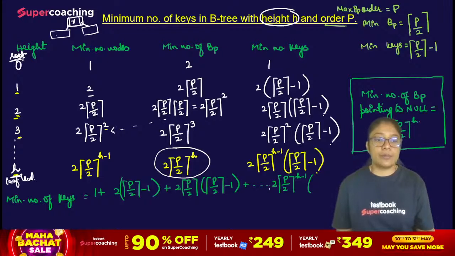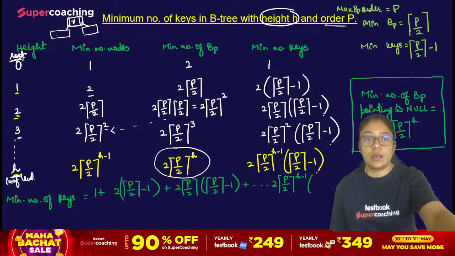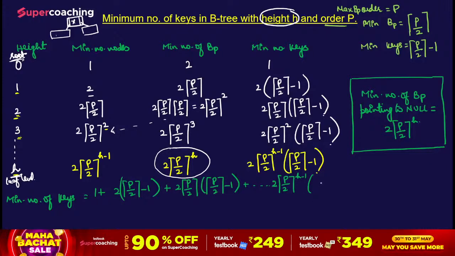Hope this is not going behind the image. Let me add it. P by 2 minus 1. You can observe here p by 2 minus 1 is a common term, so we can take this as common. It comes out to be 1 plus 2 into p by 2 minus 1. I'm taking this term as common.